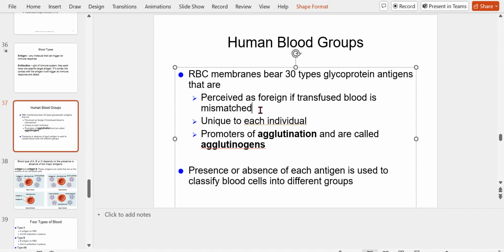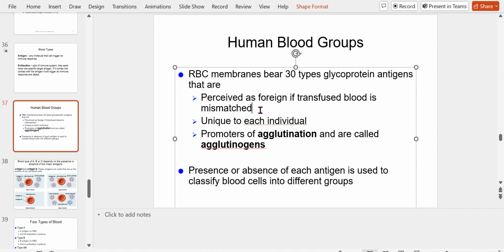And then all of a sudden, this guy dies an extremely horrible death, right? Because you've now put in someone else's blood that has different glycoproteins in it, and the recipient's immune system just went crazy. Unique to each individual.